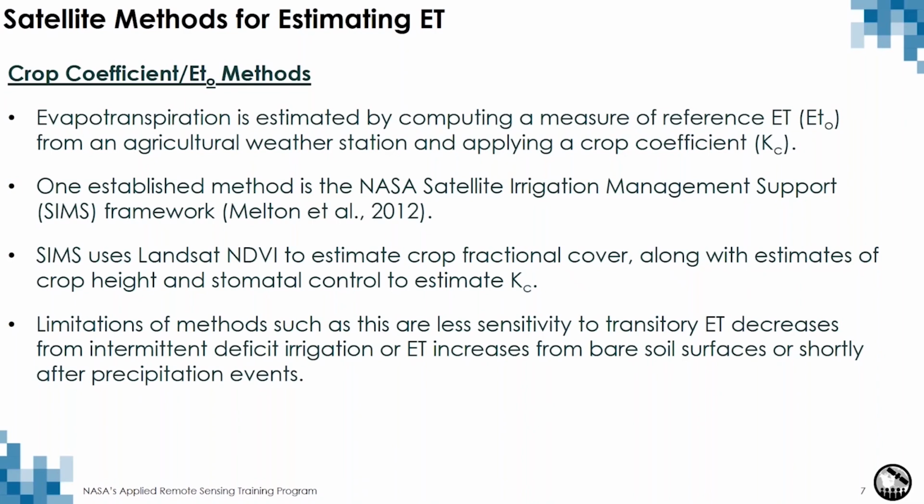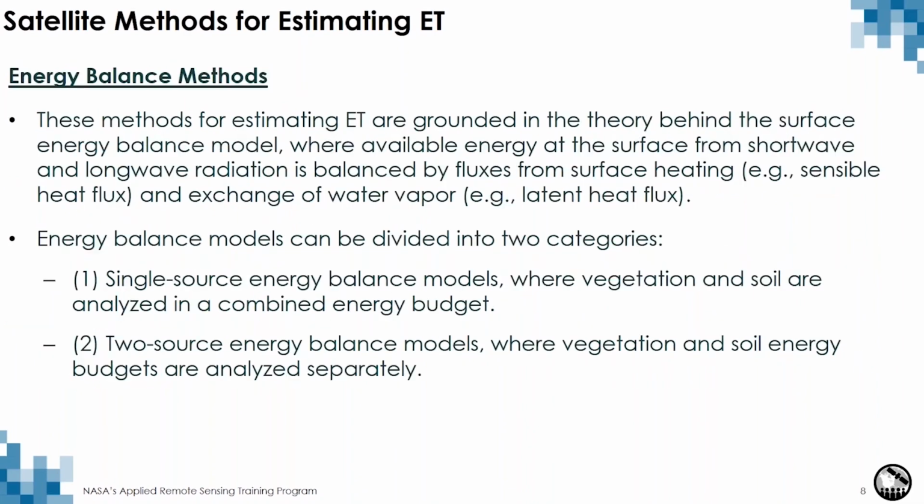And as we go to the next slide, this is really where the next method, focused on energy balance methods, may be more broadly applied to different types of agricultural applications and actually monitoring ET over lots of different ecosystems: forests, grassland, wetlands.